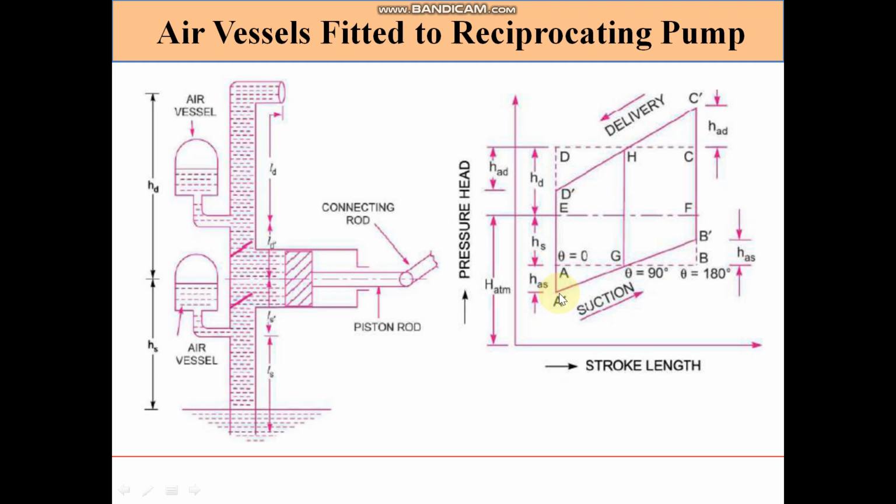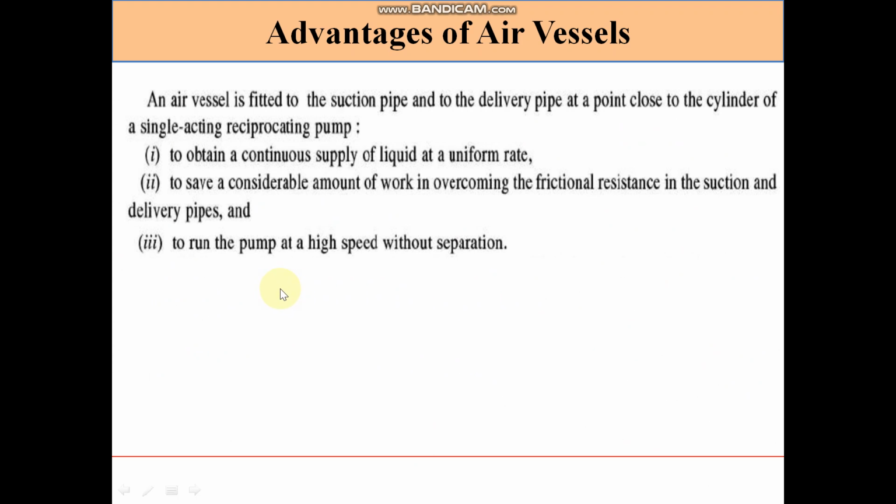So when the speed of the pump is more, this pressure drop takes place without an air vessel. But when an air vessel is connected, the pressure at the suction side should not drop below the vapor pressure of the liquid. That's why it is mentioned that it is possible to run the pump at high speed without separation. So these are all the advantages of the air vessel.